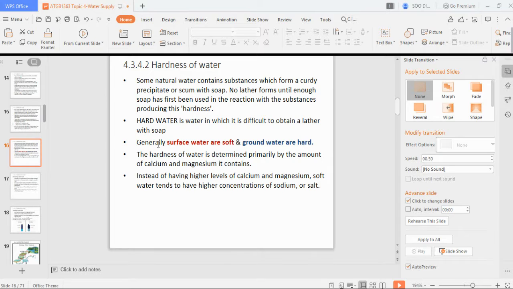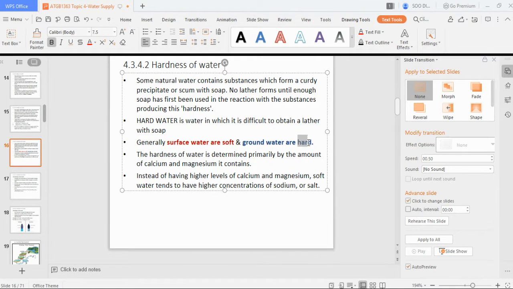Okay, coming back to this. Most of the water we obtain has a certain hardness in it. Surface water is soft water, but groundwater is hard water. Hard water means that there is a lot of mineral in it.